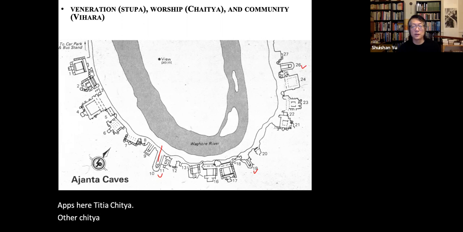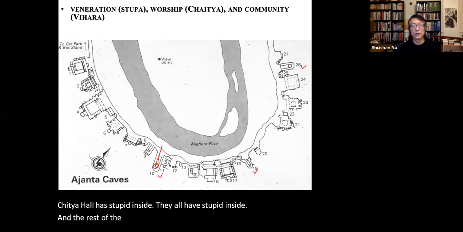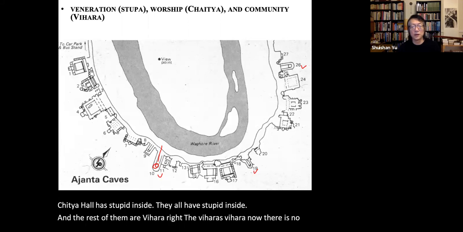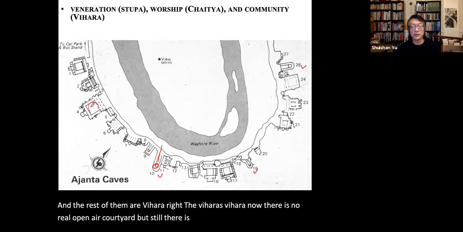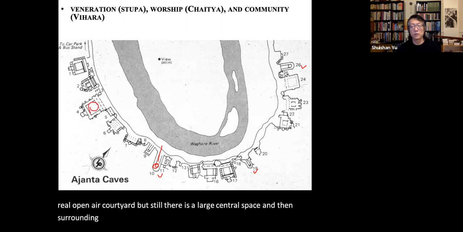Chaitia Hall has stupa inside. They all have stupa inside. And the rest of them are vihara, right? The viharas. Vihara, now there is no real open air courtyard, but still there is a large central space and then surrounding areas divided into smaller rooms for individual practitioners.